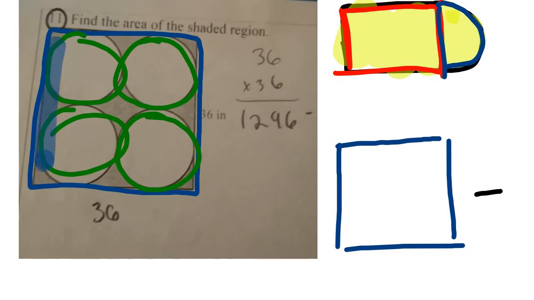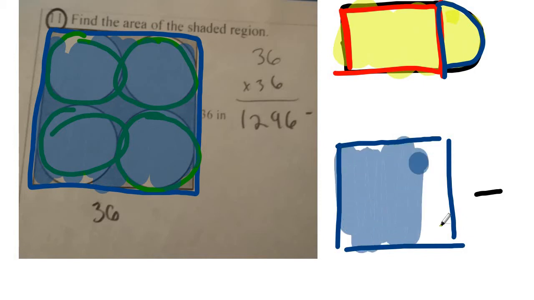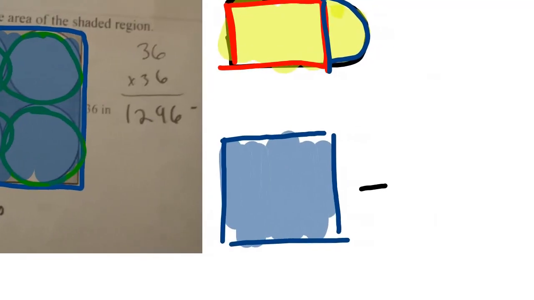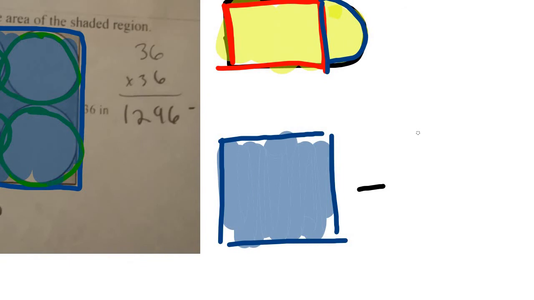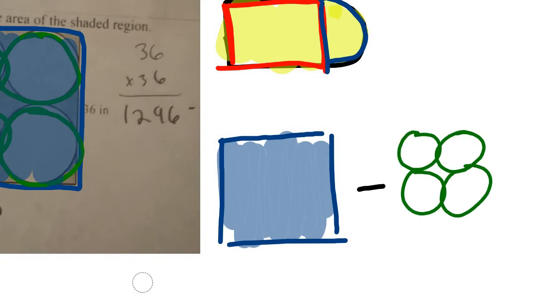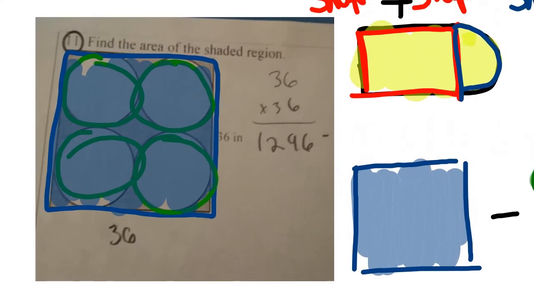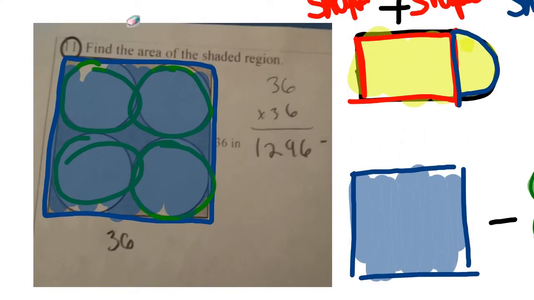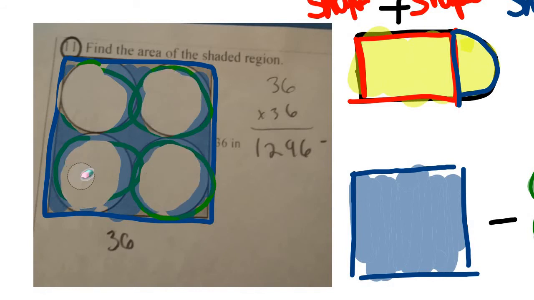You're going to find the area of this, and then you're going to find the area of these. And then to get the shaded region, you simply subtract, right? So you're going to subtract the 4 circles away from that square.